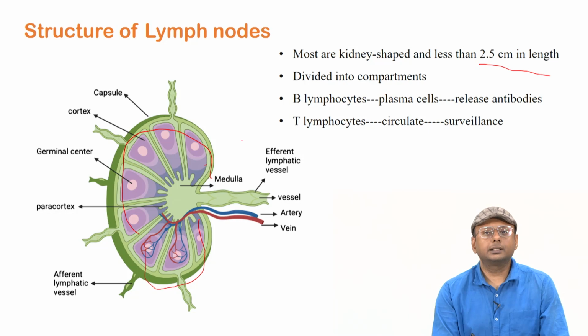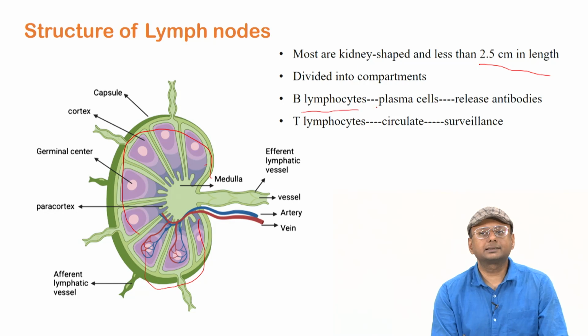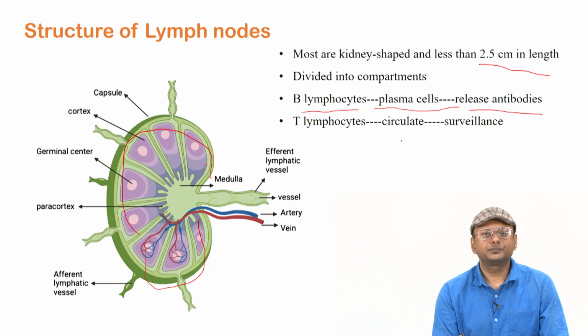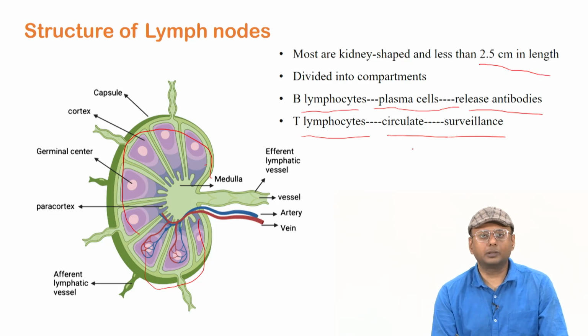So you can see different compartments are present, and then B lymphocytes can develop from this overall lymph node, and they can release antibodies, and T lymphocytes can get generated, which basically circulate, and T lymphocytes basically do a surveillance type of activity. If there is formation of any abnormal cells like cancer cells, T cells participate in the immune activity of our body, destroying those abnormal cells.